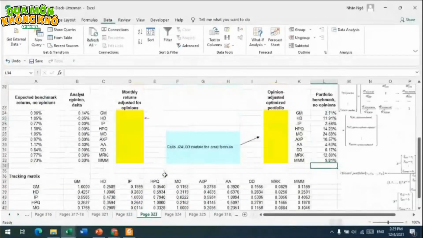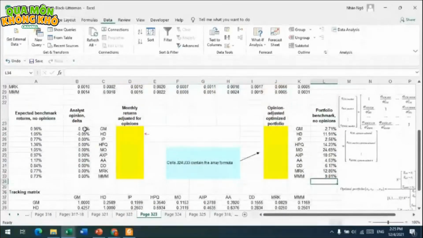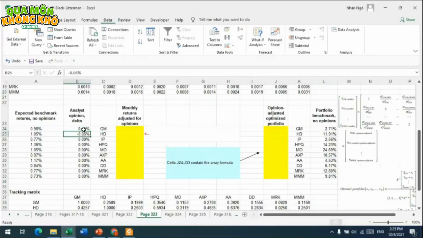So let's move to the second interpretation, where we will accept the delta. It means the difference between the return with and without opinions. So we got the delta here, and these are unchanged because there's no opinion on the rest of the stocks. So we will also apply this formula to calculate the return adjusted for opinion.